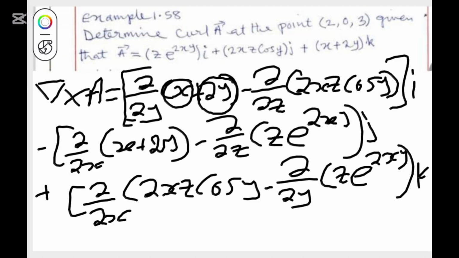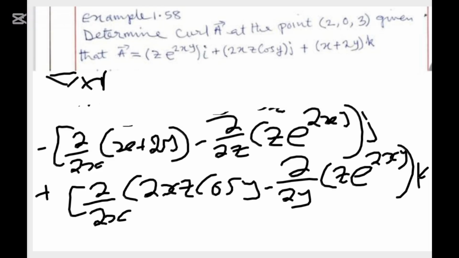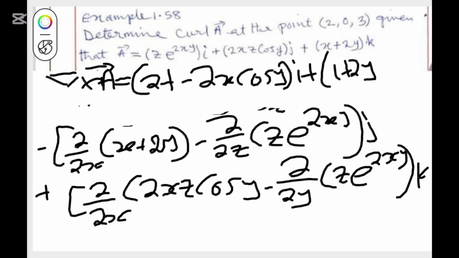So at the end, let me have some space. So this should now be equals to the del cross the vector A. It is equals to 2 plus minus 2x cos y. So this is for i, then plus 1 plus 2y minus e to the power of 2xy, which is for the value of j.